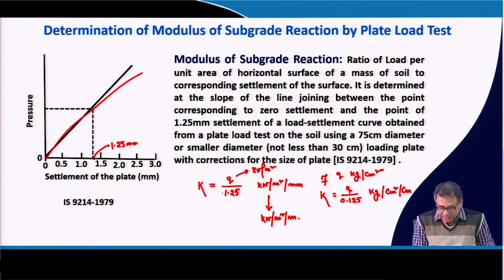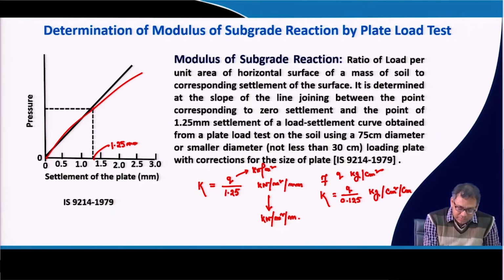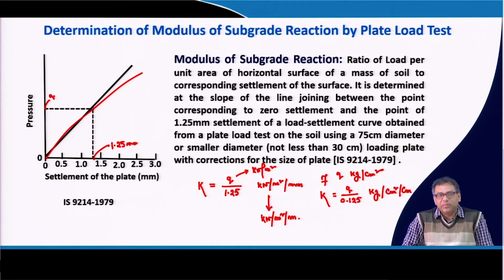So, you just calculate this q corresponding to 1.25 millimeter settlement. That means on the curve you go to this point, if it is not a straight line you make a straight line, and then you get the value corresponding to that 1.25 settlement. This is my q value.